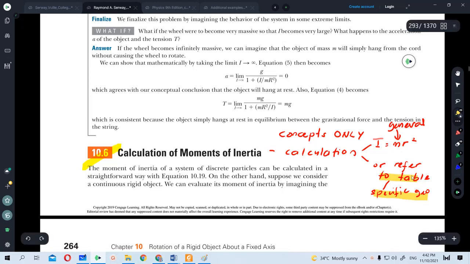On the other hand, if it is very generic and does not resemble any geometry, then use this version, mr squared. This is just a very general formula. That's how we wrap up the idea of moment of inertia: we use the mr squared formula for the general case, and if it has specific geometries, then we refer to the table and go by that expression.